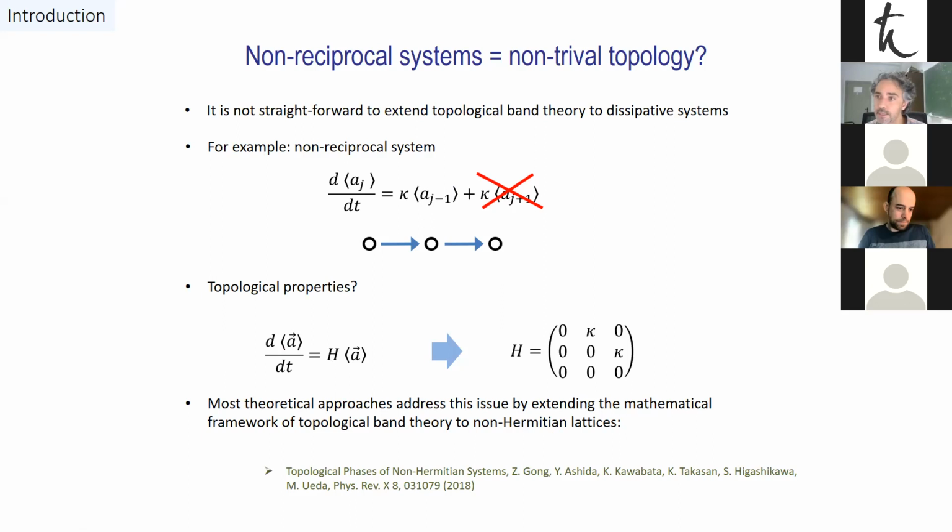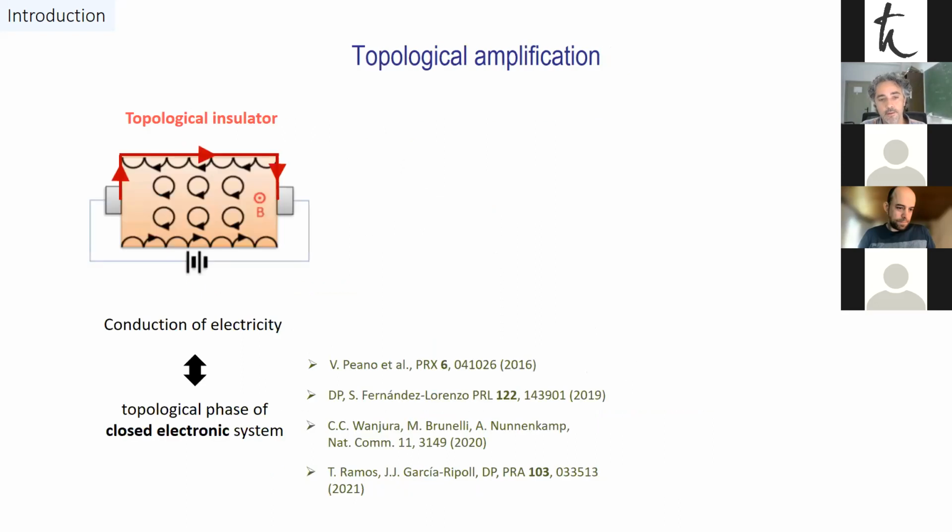from which there is a vast literature right now. But I would say there are some issues in relating the specific questions that we are asking here, particularly what are the consequences for physical observables in this directional amplification. They are not always easy to address with this non-Hermitian framework. So in order to address this question of how to understand topological properties of these systems, what I'm going to do here is to try to make a connection with the way they address these questions in solid state physics.